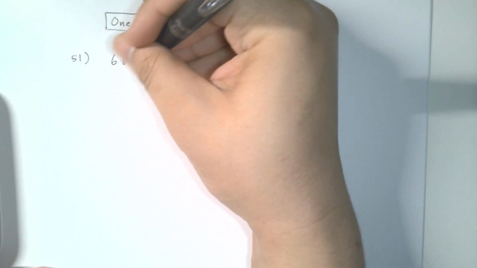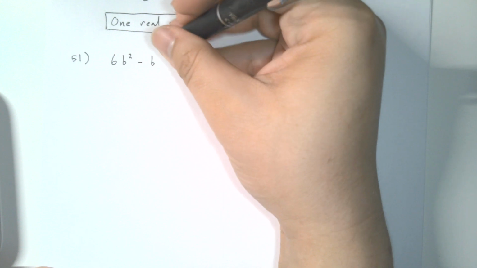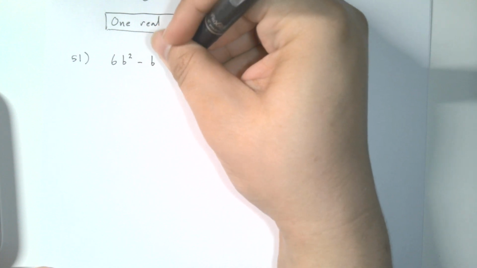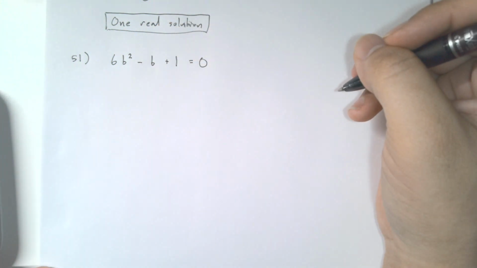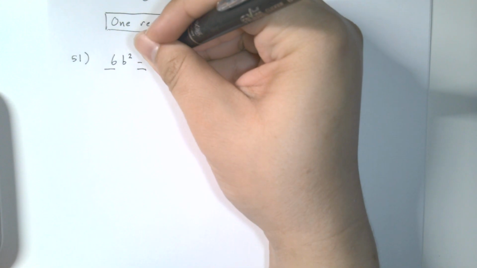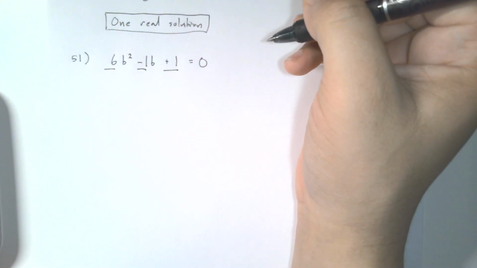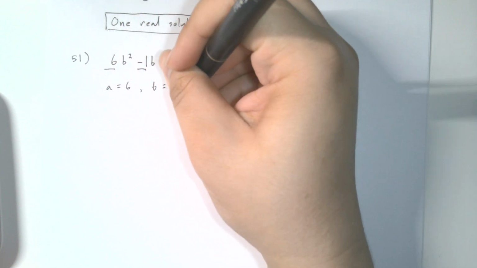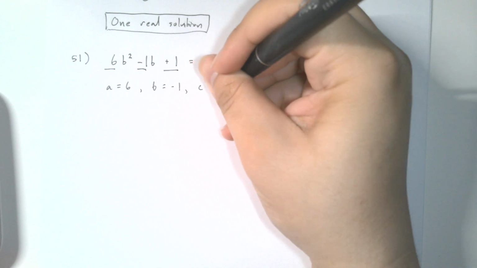For number 51, we have 6b squared minus b plus 1 is equal to 0. We identify what our a, b, and c are. Remember, we have an implicit 1 here when we only have a variable present. And so our a is 6, our b is negative 1, and our c is 1.